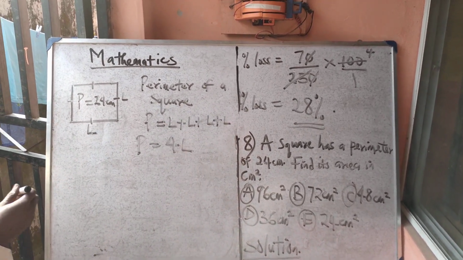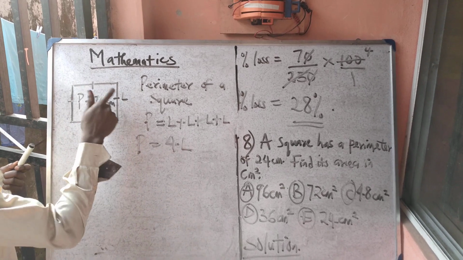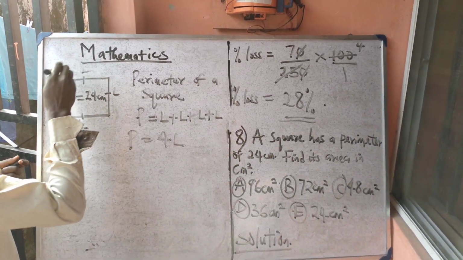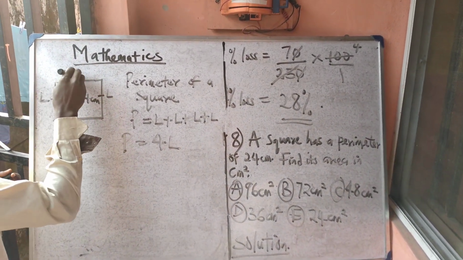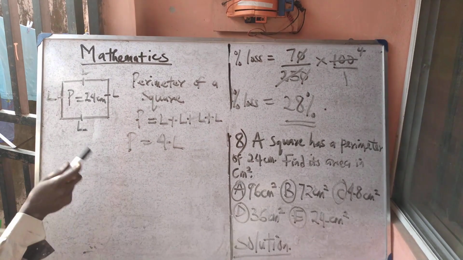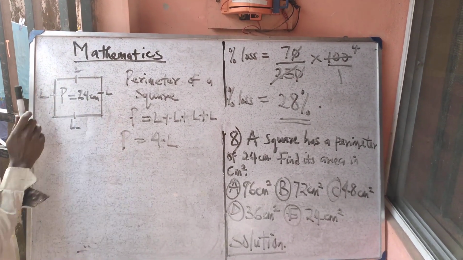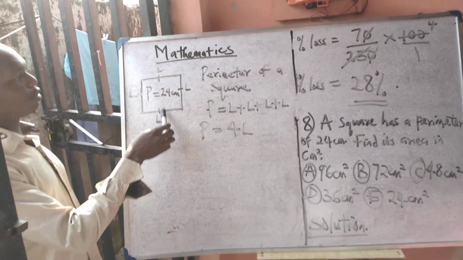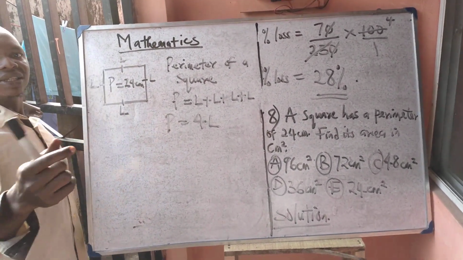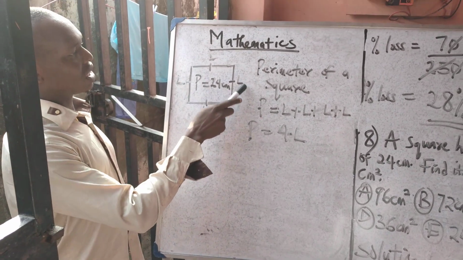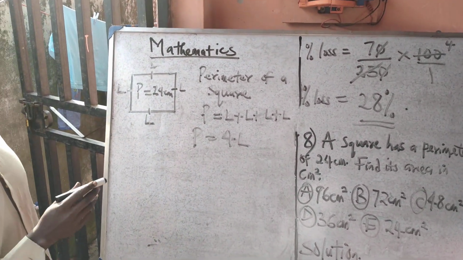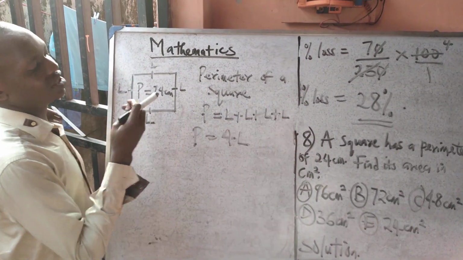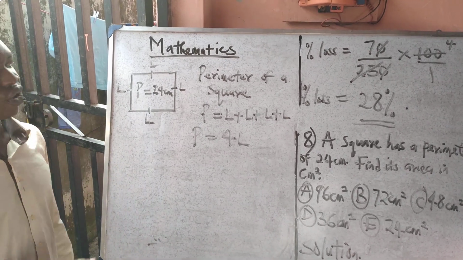When you add all the lengths, all the sides are equal, like I said. So you add all the four sides, length plus length plus length plus length, which is 4L. So the perimeter is 4L.